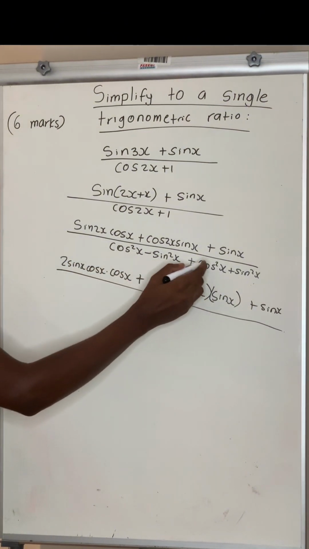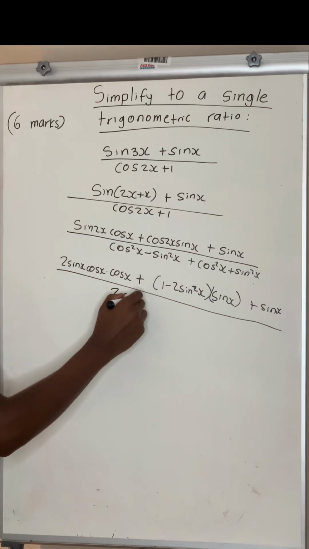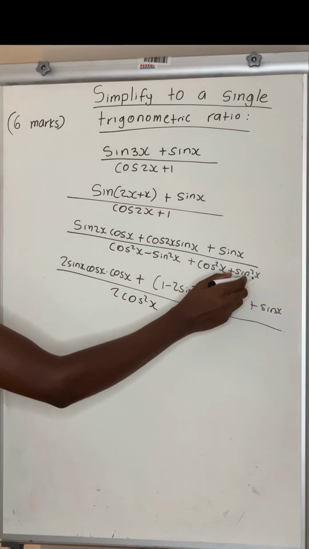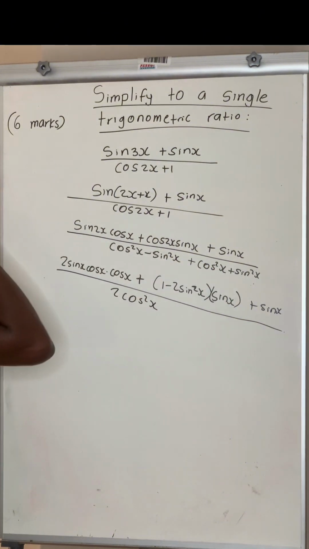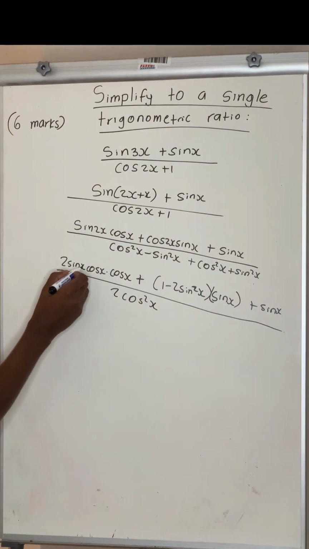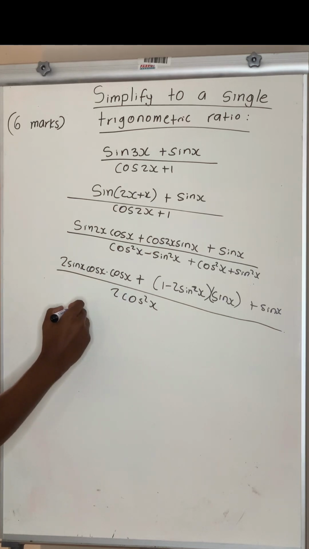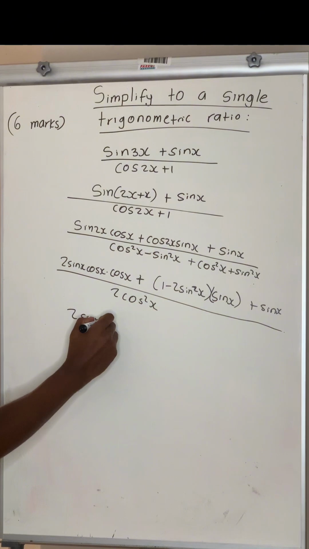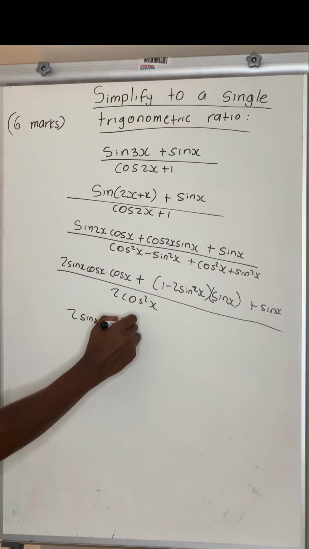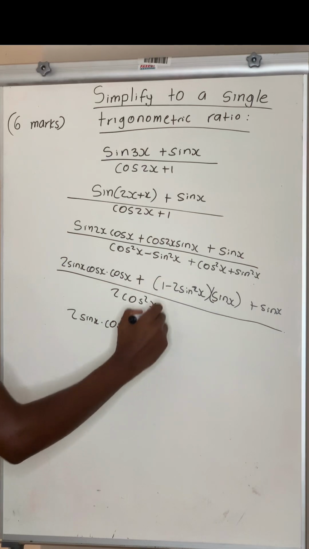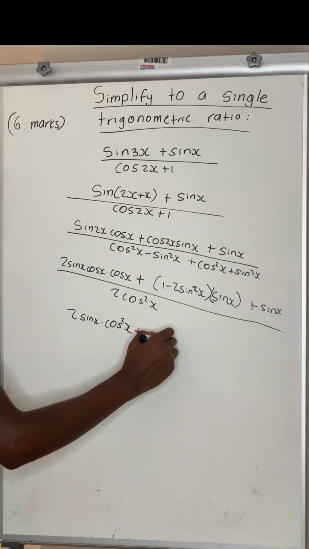Cos squared x plus cos squared, that is 2 cos squared x, minus sine squared x plus sine squared x, going to cancel each other out, so we're going to be left with 2 cos squared x. Now 2 sine x cos x times cos x, that is cos squared x plus sine x times 1, that is sine x.